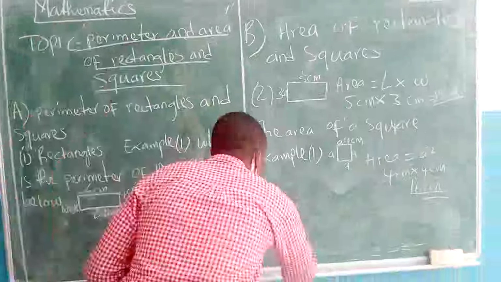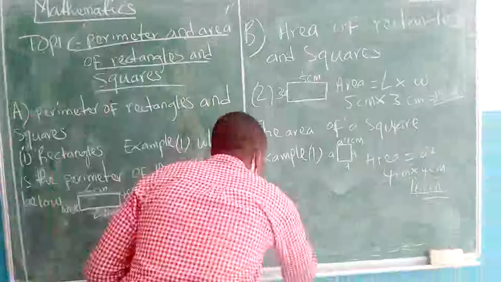You know that area equals length times width. What is our length? We've said the two opposite horizontal lines are our length, and the two opposite vertical lines are our width. So the length here is 5 centimeters, and the width here is 3 centimeters.